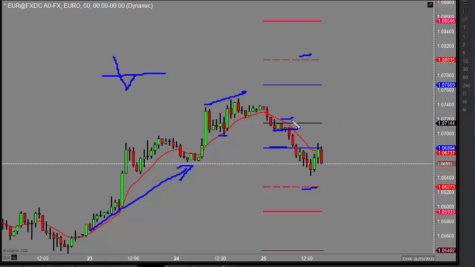Alternative would be, if I was looking at the long side, it might just find a bit of support right onto the R1, onto the daily pivot, and then I just wait for a reversal bar, something to give me the okay there, maybe a little higher low, whatever setting up, it might be anything like that. There's plenty of opportunities. Just the first bar comes in, and that's positive. You may just use that.